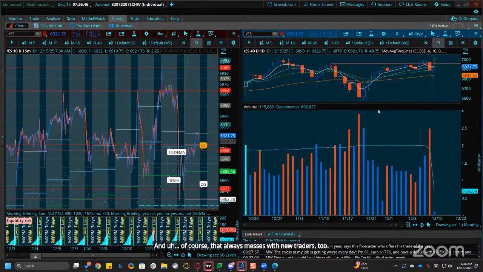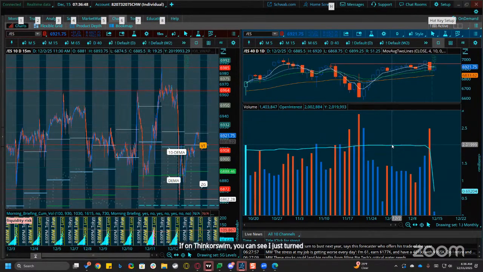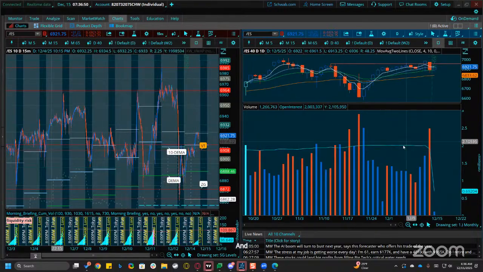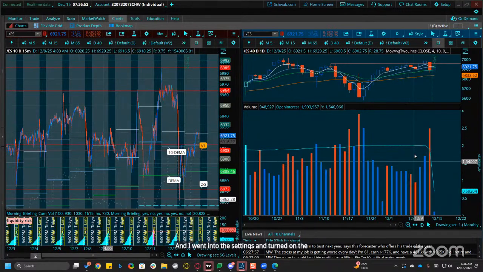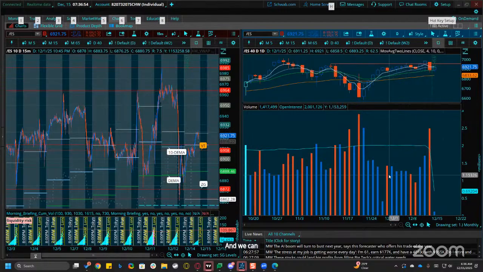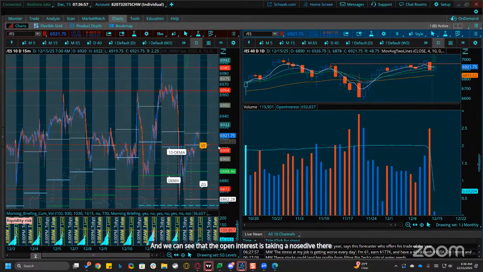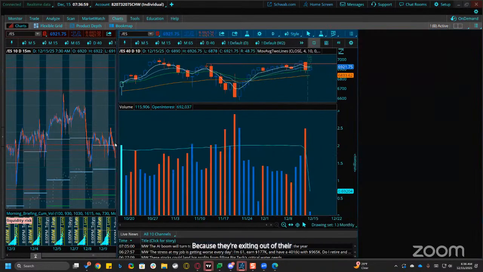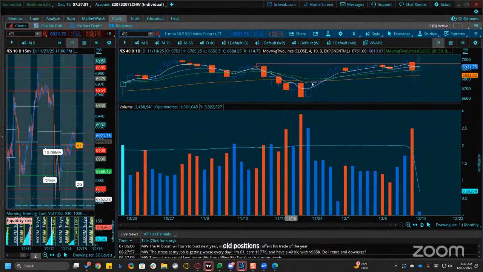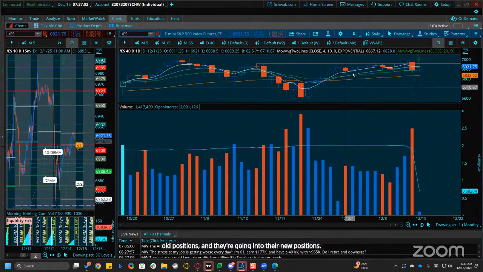On Thinkorswim, you can see I just turned the volume on and I went into the settings and turned on the open interest. And we can see that the open interest is taking a nosedive there because they're exiting out of their old positions and they're going into their new positions.